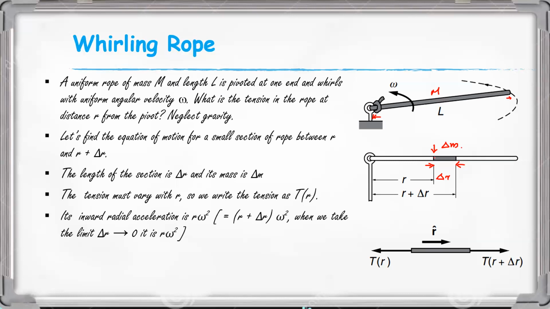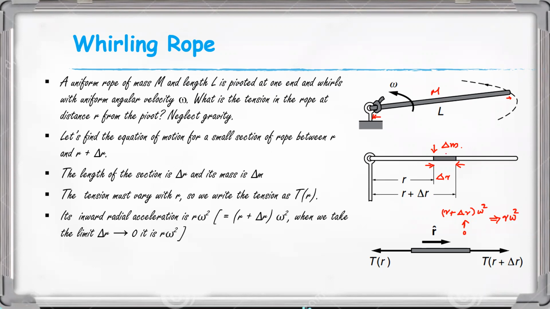But if we take the actual expression, the centripetal acceleration must be r plus delta r into omega square.